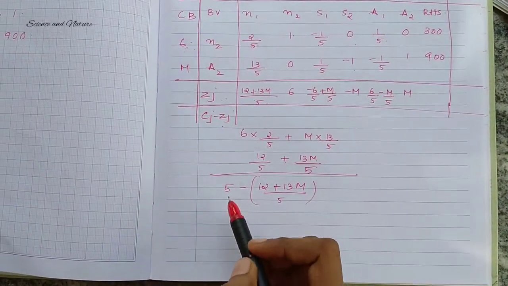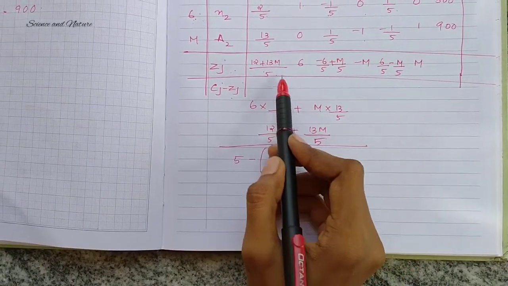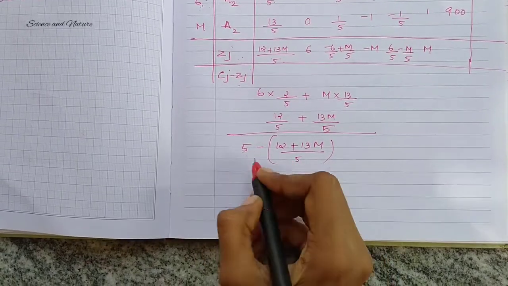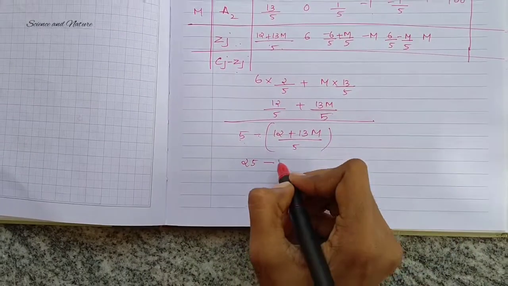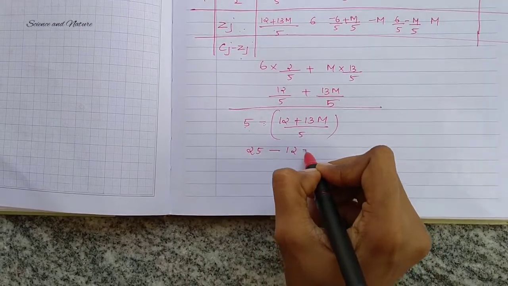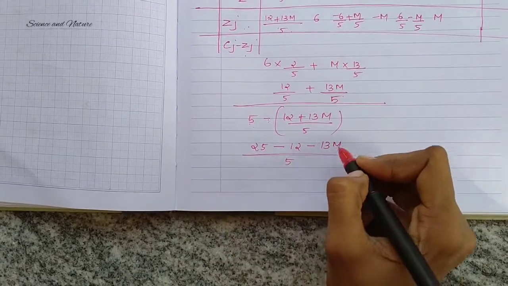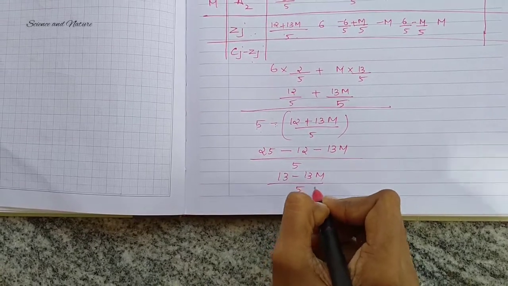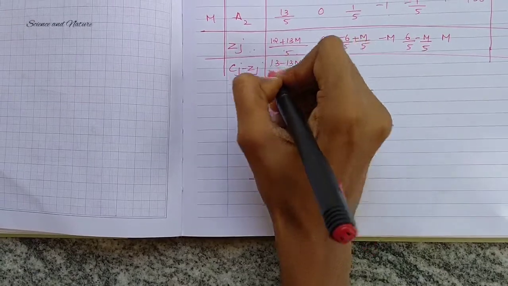Here we are going to find the Cj minus Zj, that is 5 minus 12 plus 13m by 5, that is we need to cross multiply. 5 into 5, 25, minus, we need to enter the minus into the bracket, that is minus into 12, minus 12, minus plus, then we will change minus 13m divided by 5. 25 minus 12 is 13, minus 13m divided by 5. So here 13 minus 13m by 5.